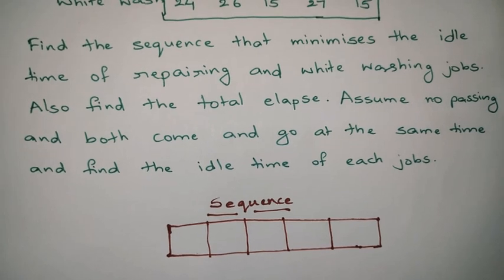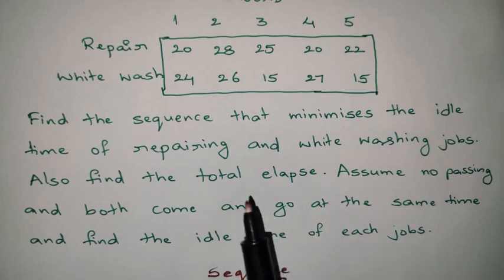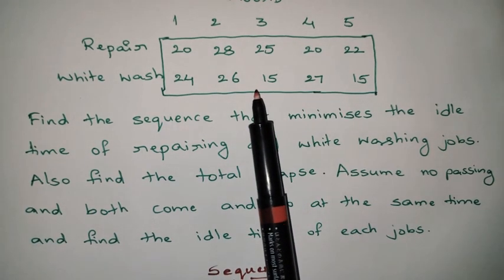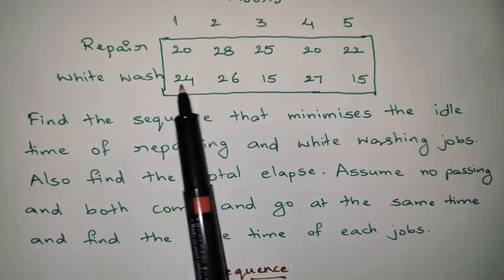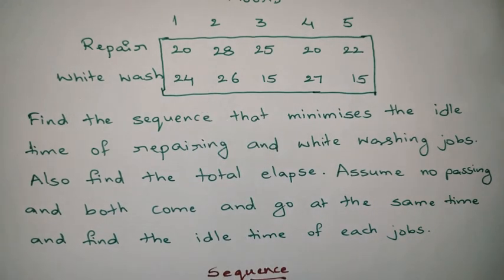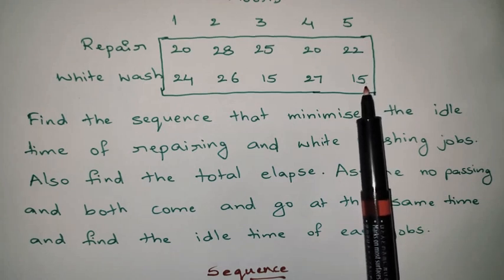First, identify the least time in all the 10 values. The least value is 15, but 15 is present at two different places.